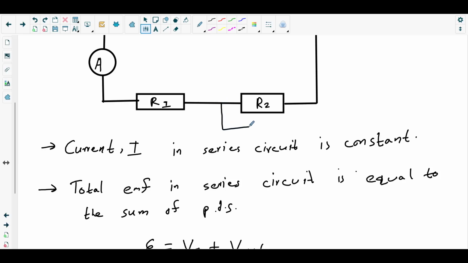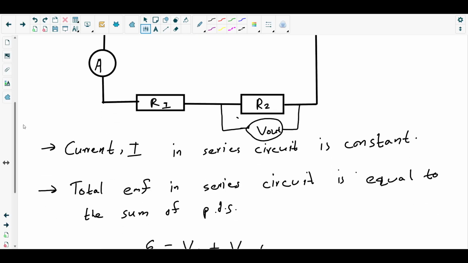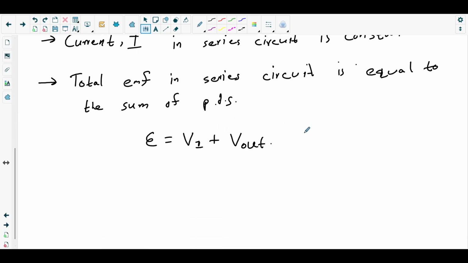So this one, the PD across the second resistor, I'll consider as the output voltage, because I want to derive the potential divider circuit equation using this circuit. So this will be the equation for Kirchhoff's voltage division in a series circuit.